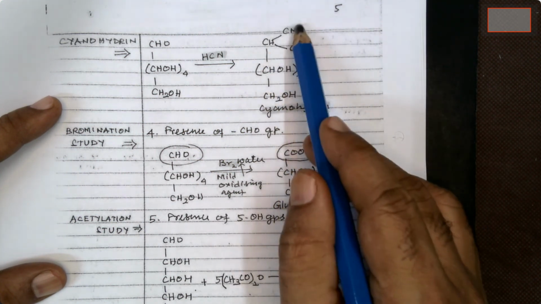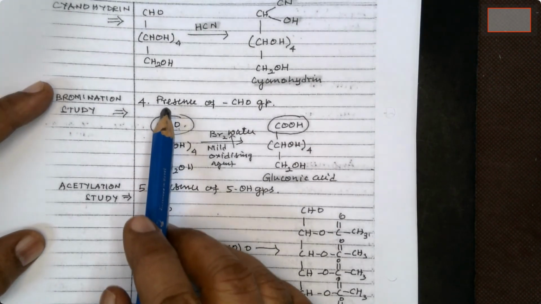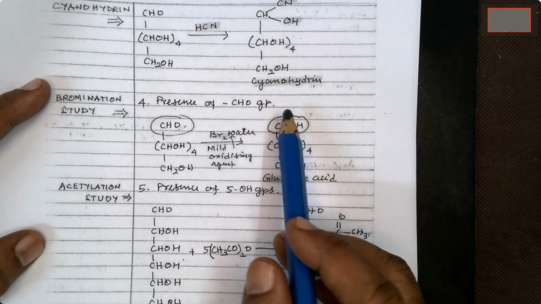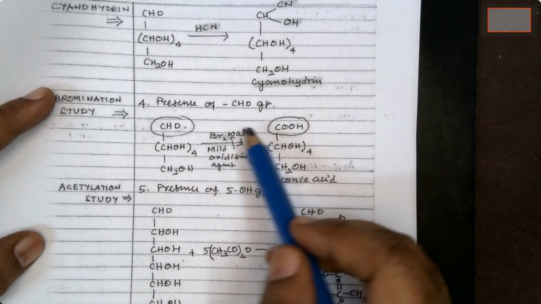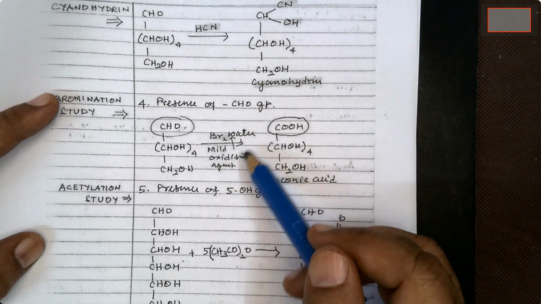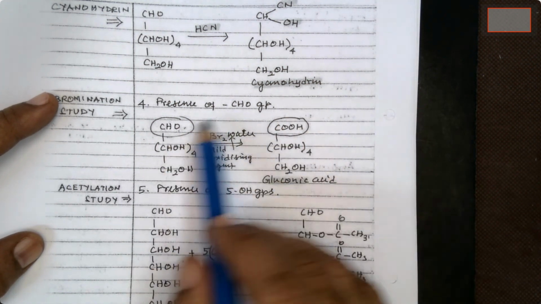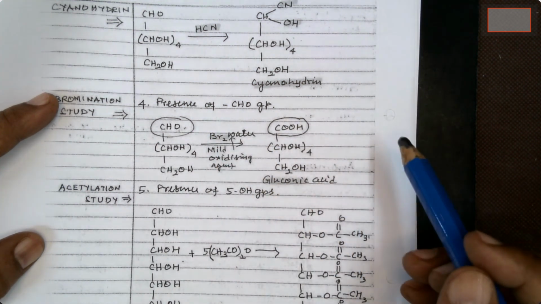Then in the bromination study, we pass bromine water, which acts as a mild oxidizing agent, and we get an acid, gluconic acid.